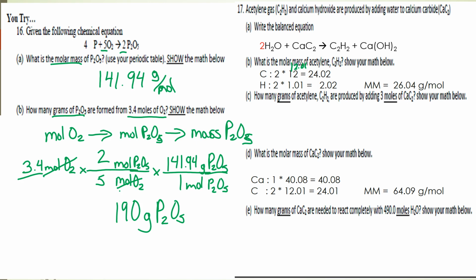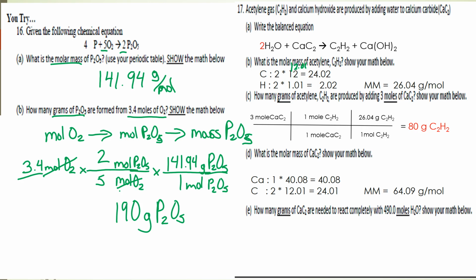All right, now, this one says how many grams of acetylene are produced by adding 3 moles of CaC2, and then show your math below. All right, so starting off with the 3 moles, notice that in the balanced equation calcium carbide and acetylene are a 1-to-1 ratio.